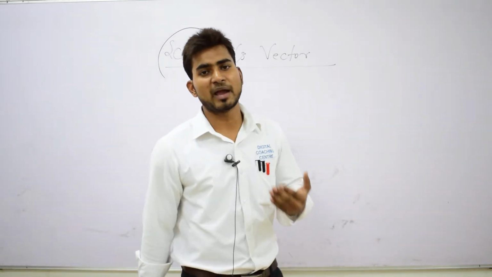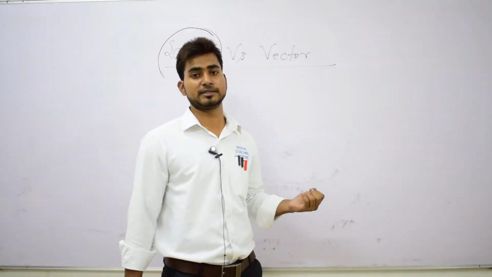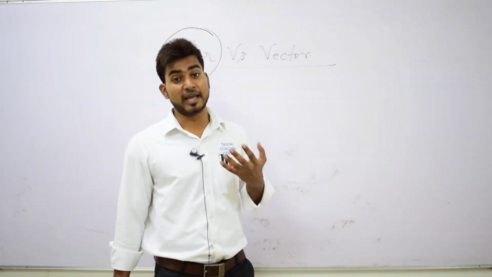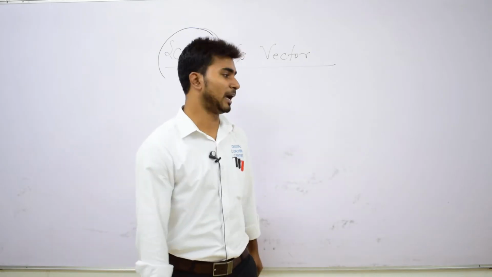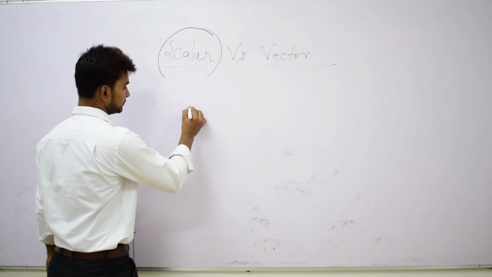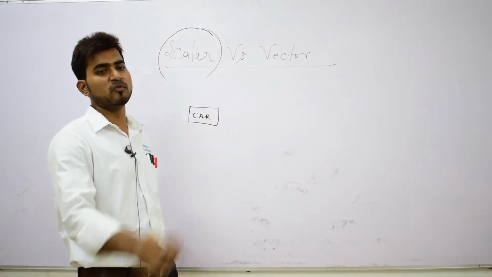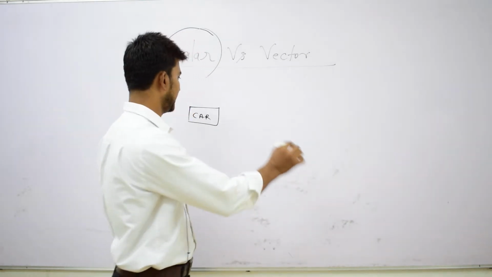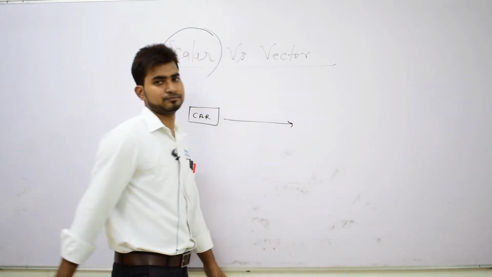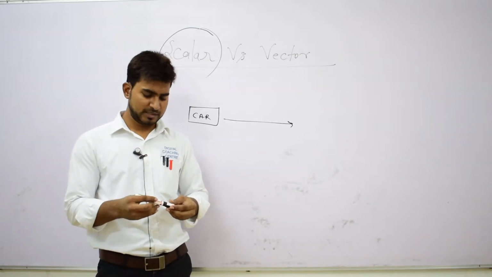Sometimes magnitude alone does not give the complete information of a physical quantity, and we need the direction also. For example, let's suppose any car is moving in a particular direction, with some velocity.